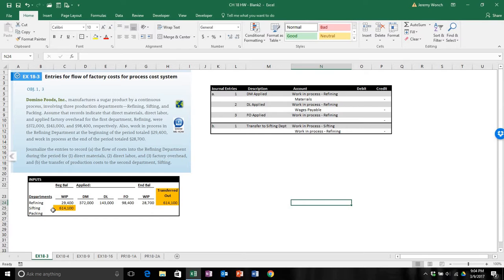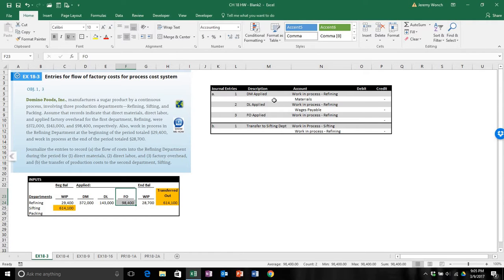It then tells us how much direct materials were applied, how much direct labor was applied, and how much factory overhead was applied, and it also gives us our beginning and ending balances. It asks us to journalize the process as the costs are moving through the department.